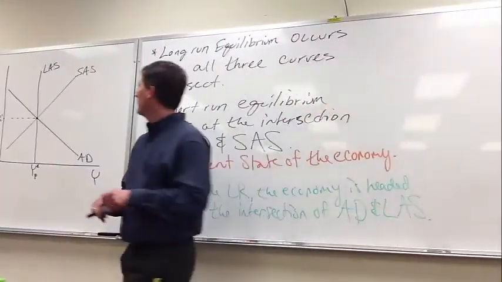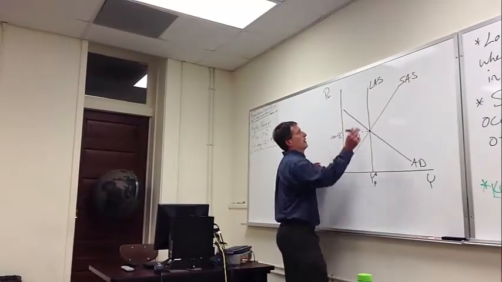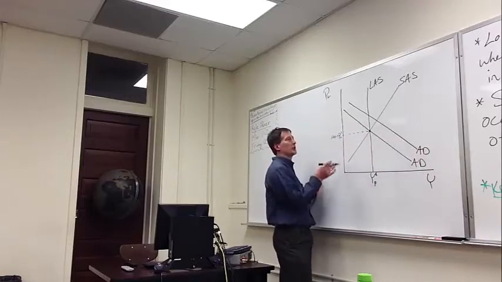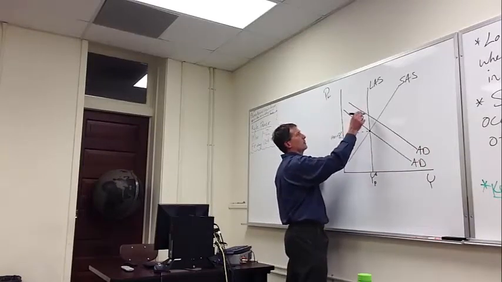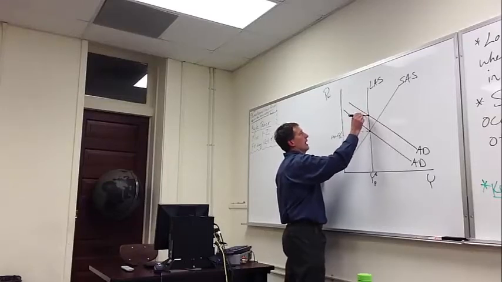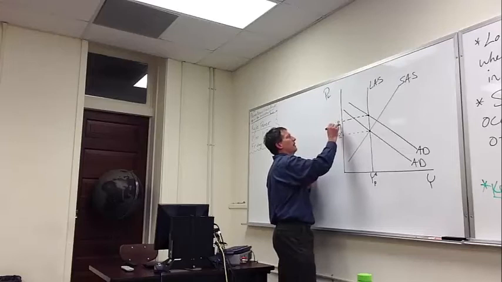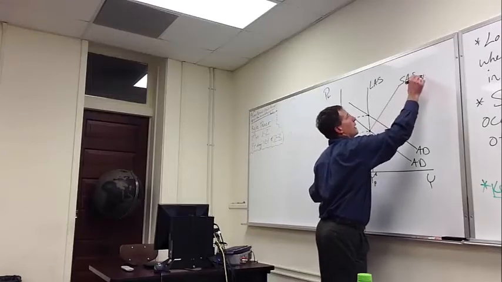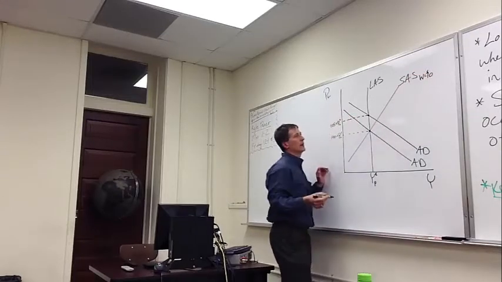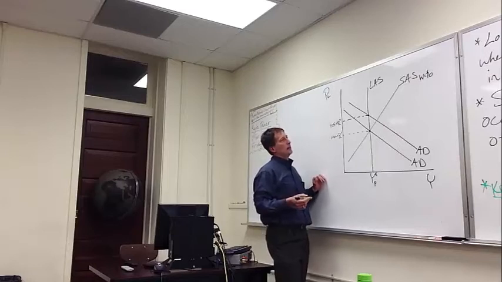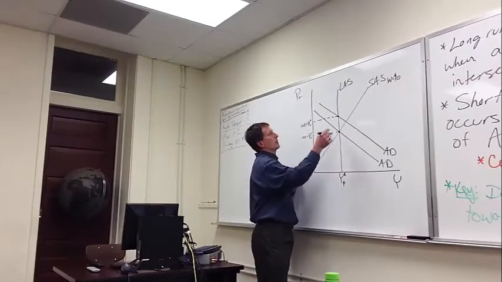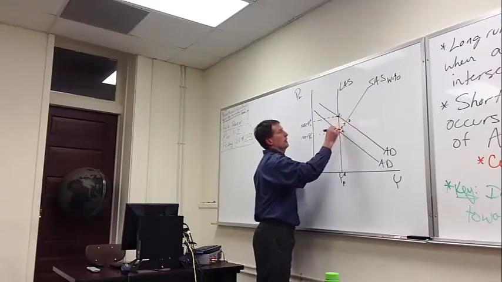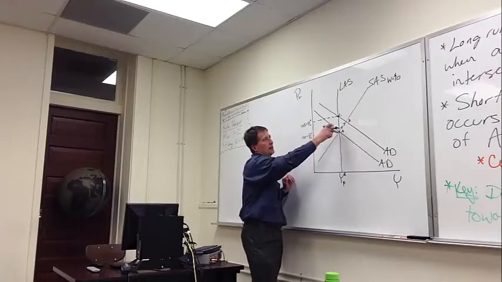I'm going to add on, but yesterday we did this. So go back to, if you've recopied this, go back to your notes from yesterday, or Wednesday rather. I had this going up to, what was it, 105? All right, so the price level rose to 105. We had a wage of $10. And we were thinking that the economy is going to move from A to B to C. Why does that happen?